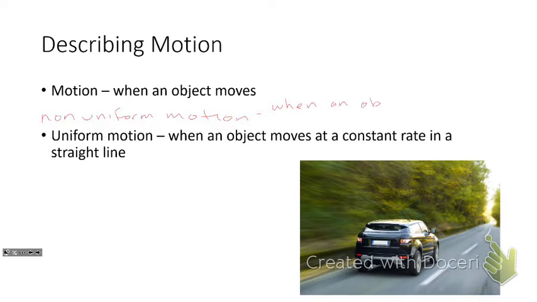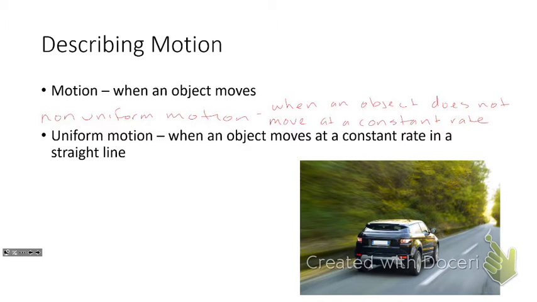When an object does not move at a constant rate. Cool. What do you think is more common, Mitch? Non-uniform motion or uniform motion?